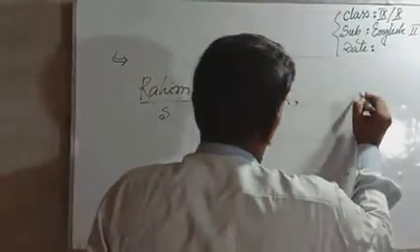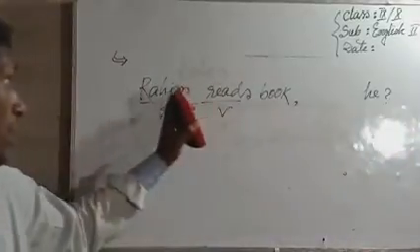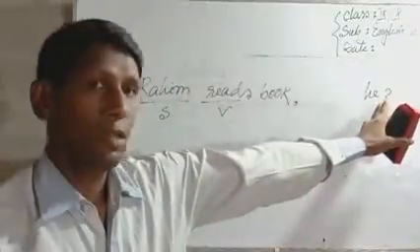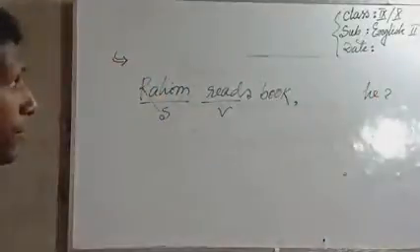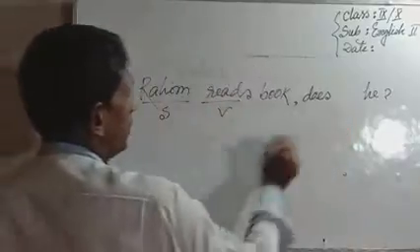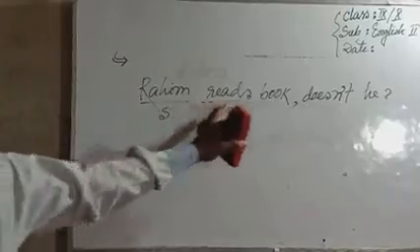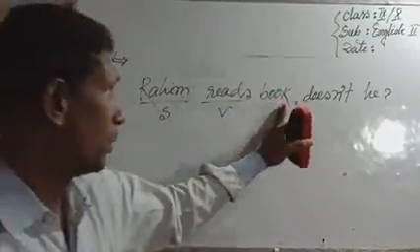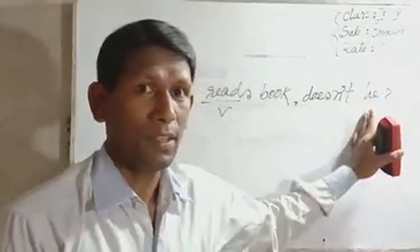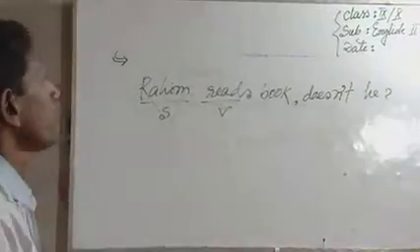So in the tag portion we will write he instead of Rohim, because Rohim is male. And the verb is does, with doesn't. So, Rohim reads book, doesn't he? In this way, we will practice one after another.